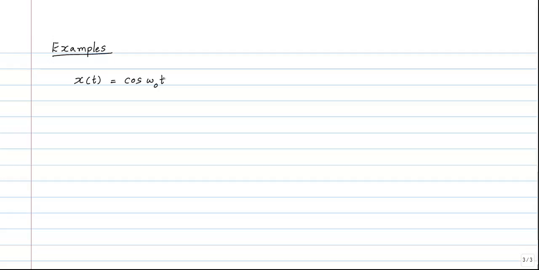Now the question is, what is the Fourier transform of x of t? Well, clearly x of t is periodic. The time period is going to be 2 pi over omega naught and the fundamental frequency is omega naught.